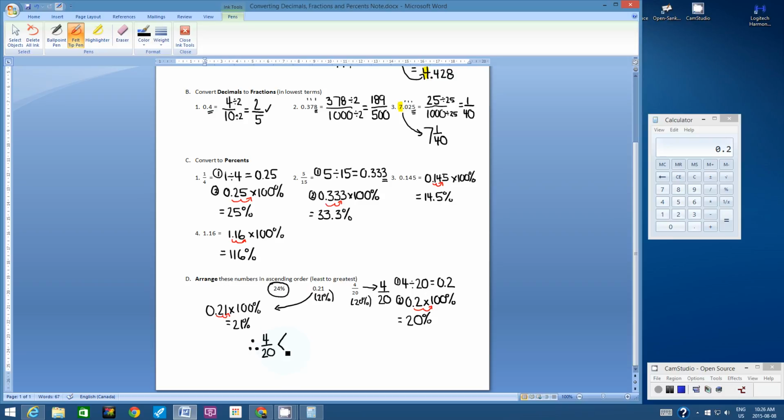And then that is less than, what's the next largest number? Well, it's 21%, but 21% was actually given to us as a decimal of 0.21. And then the largest number is 24%. And we can write 24% because it was given to us as a percentage. Okay, so that's how I want you to solve those types of questions.